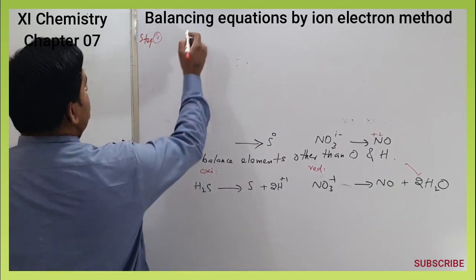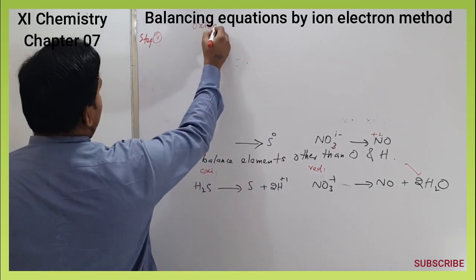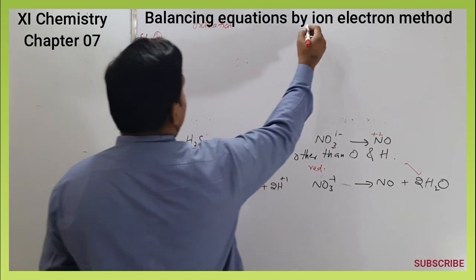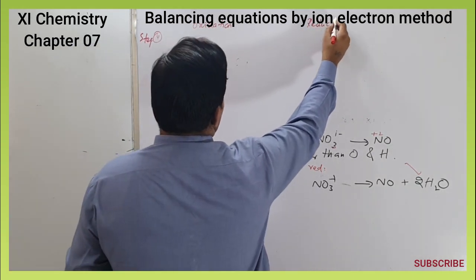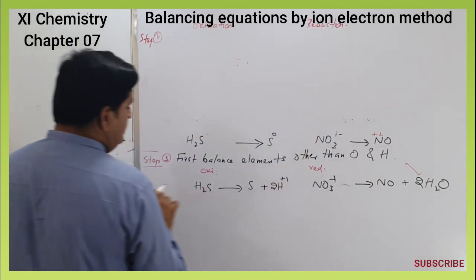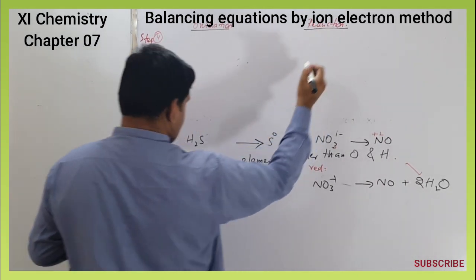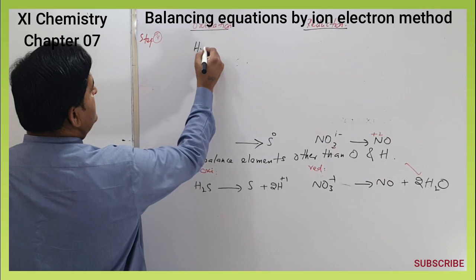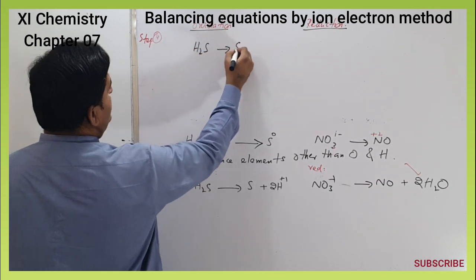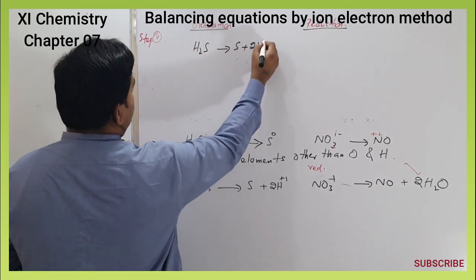So in the oxidation side and in the reduction side. In the oxidation side, we see that hydrogen sulfide is converted into sulfur plus 2 hydrogen ions.